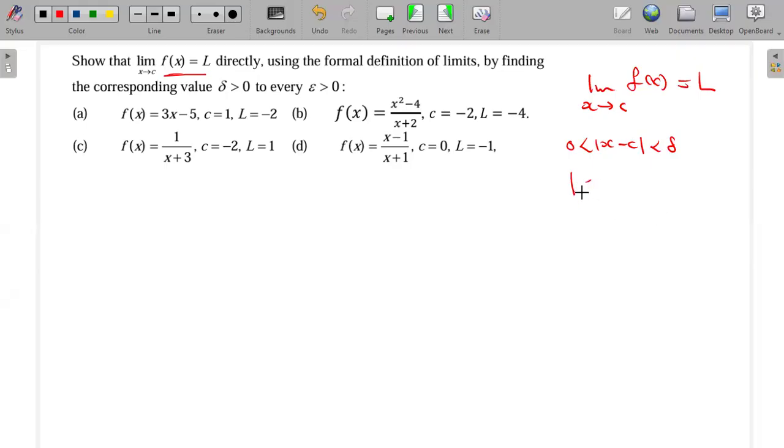That follows from the modulus of f(x) minus L being less than epsilon. This is what you're going to use.